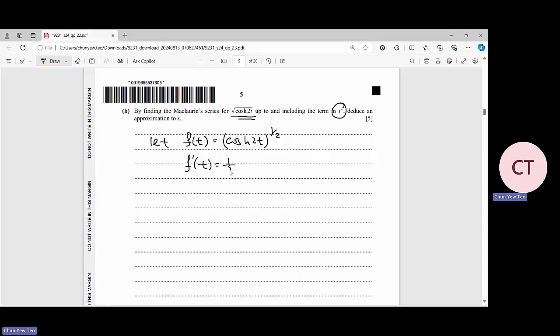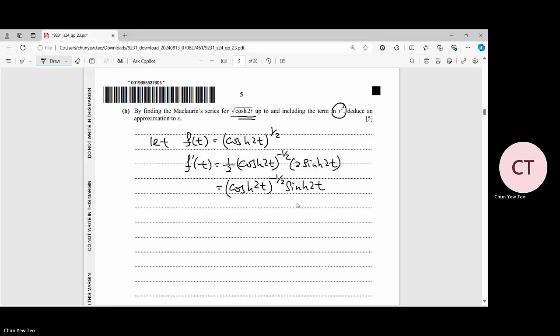It will be half cos 2t to the power negative half, and then 2 sine 2t. This one will give you cos 2t to the power negative half and sine 2t.